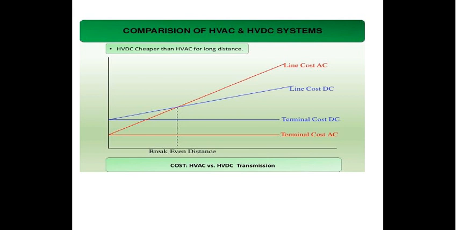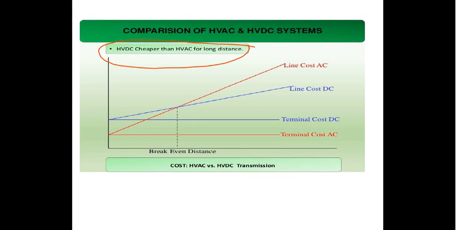One thing is that HVDC is cheaper than HVAC for long distance. Now if you look at the two diagrams here, one is related to the terminal cost and the other to the line cost. By terminal cost I mean the terminal equipment required on either side of your transmission line, and the other one is the line cost.